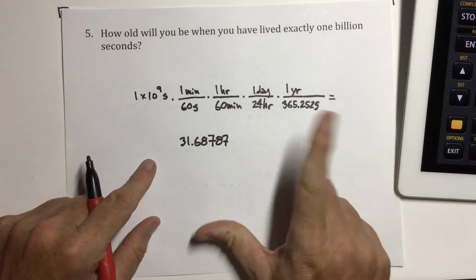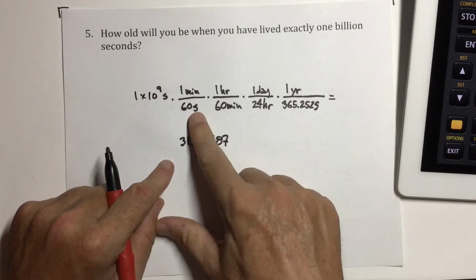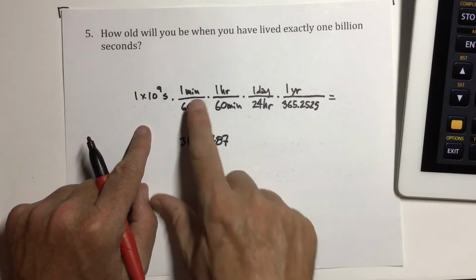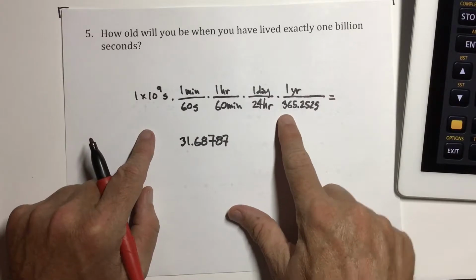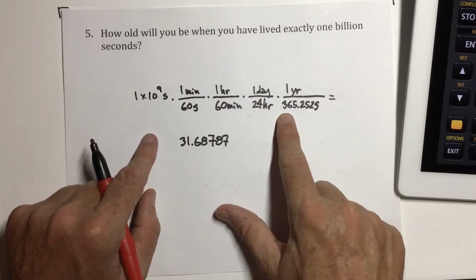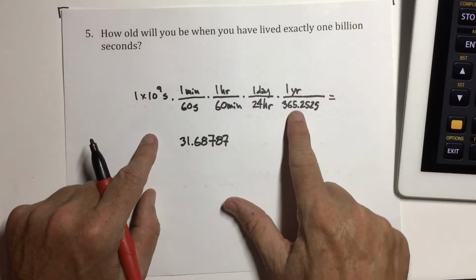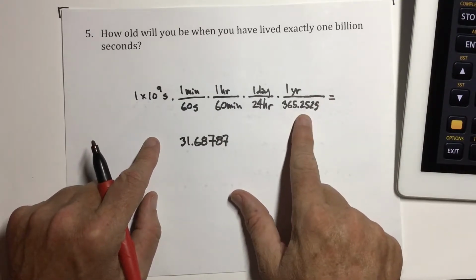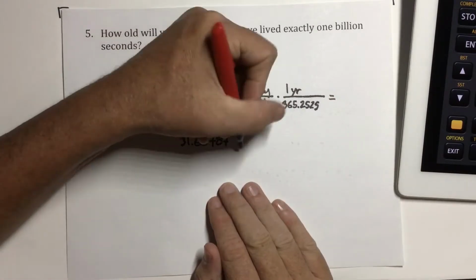But we are restricted by the number of sig figs here. This is exact, that's exact, but that's not. At most I can have 6 sig figs, but don't worry about that.